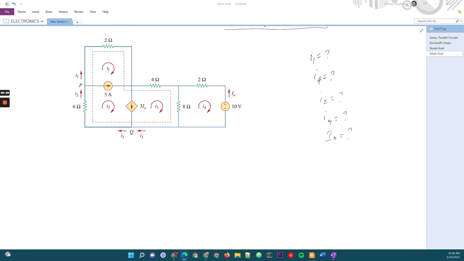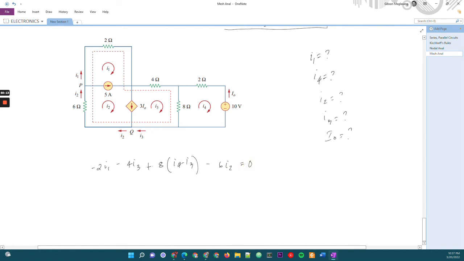So if we apply KVL on this super mesh, okay, we get negative 2 I1, right, minus 4 I3 plus 8 I4 minus I3, minus 6 I2 equals 0.